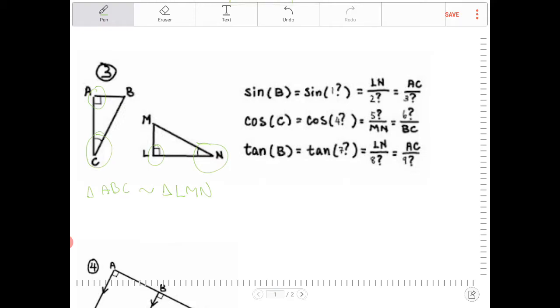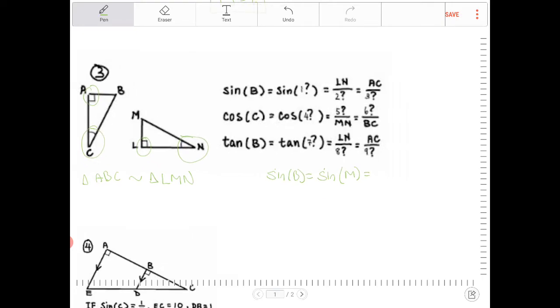So if sine of B is going to be equivalent to which angle over here, then we can conclude that sine of B is equal to sine of M. We can also conclude that all of these things are going to be true, that LN over MN will be equivalent to AC over BC. And then we can make similar arguments about the other things.